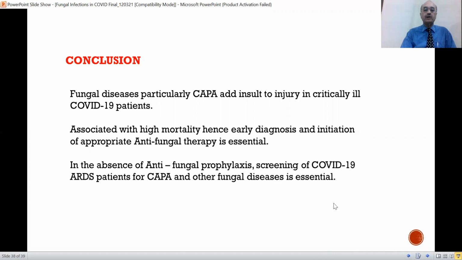It is very important to have a clinical suspicion so that an early diagnosis is made by whatever parameters are available with us, and to start the antifungal therapy aggressively. In the absence of antifungal prophylaxis, screening of these COVID-19 ARDS patients for COVID-associated pulmonary aspergillosis and other fungal diseases is very, very essential.